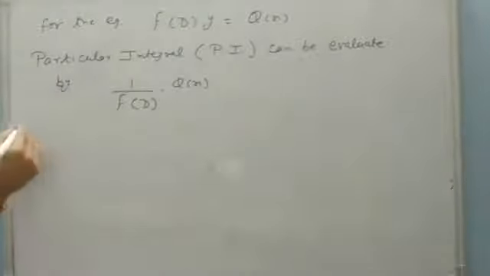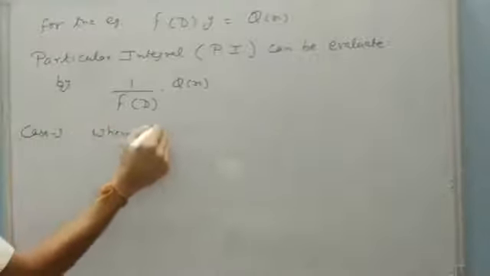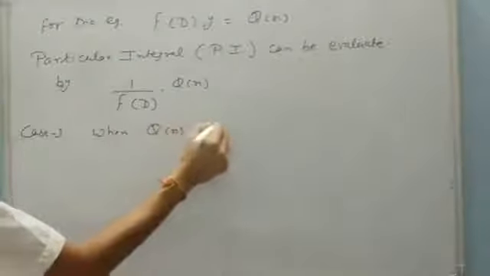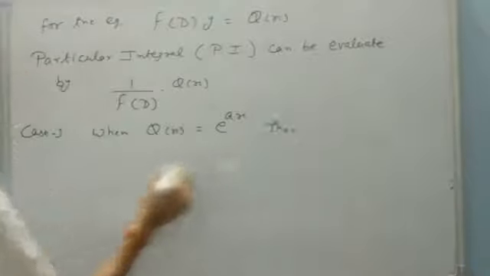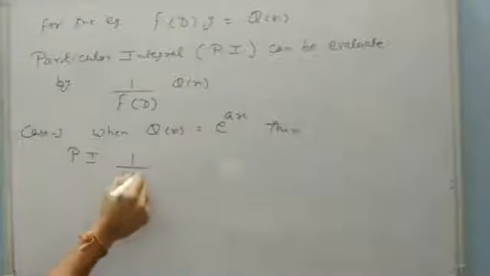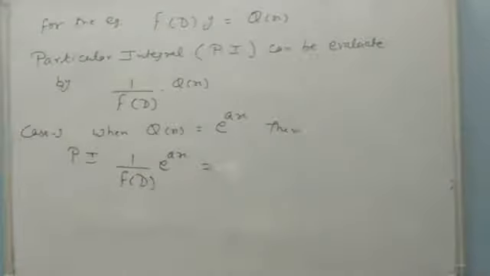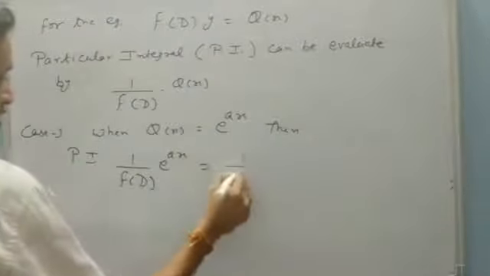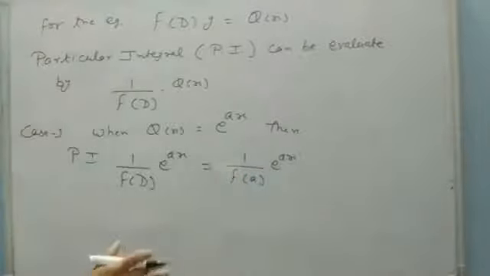The case number 1 is when the function Qx is in the form of e to the power ax, then the particular integral will be 1 upon f of D e to the power ax equals 1 upon f of a e to the power ax. Means just put the coefficient of x in the function in place of D.